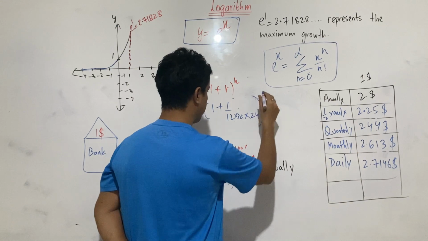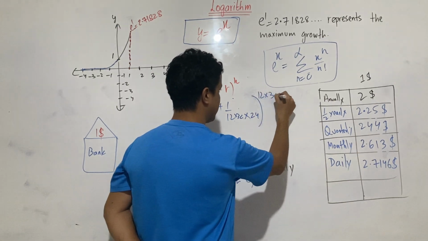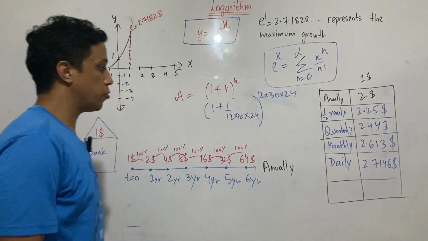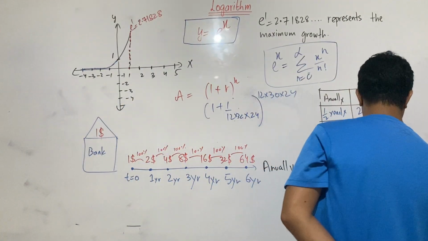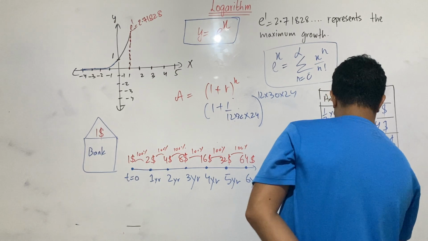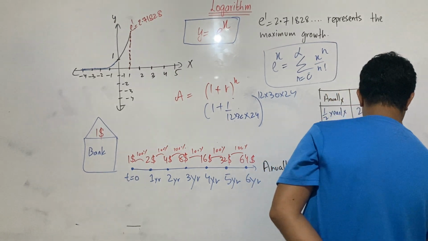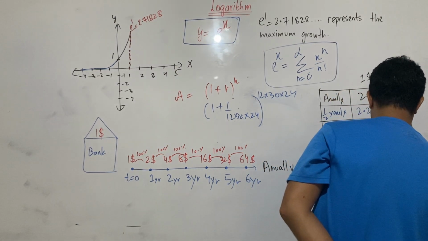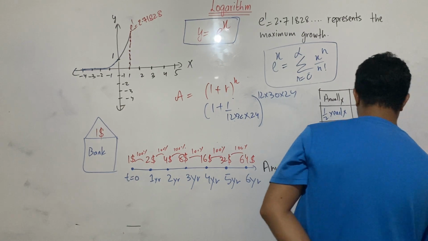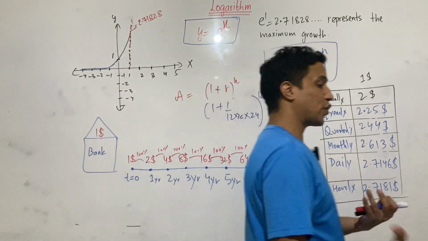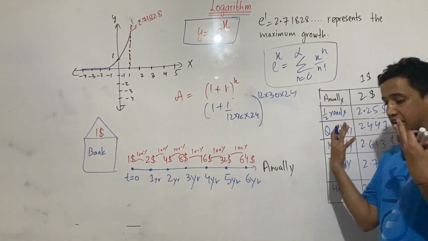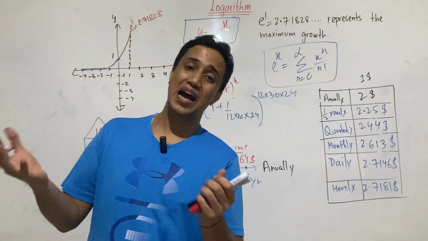If you calculate it, hourly it's going to be around $2.7181.